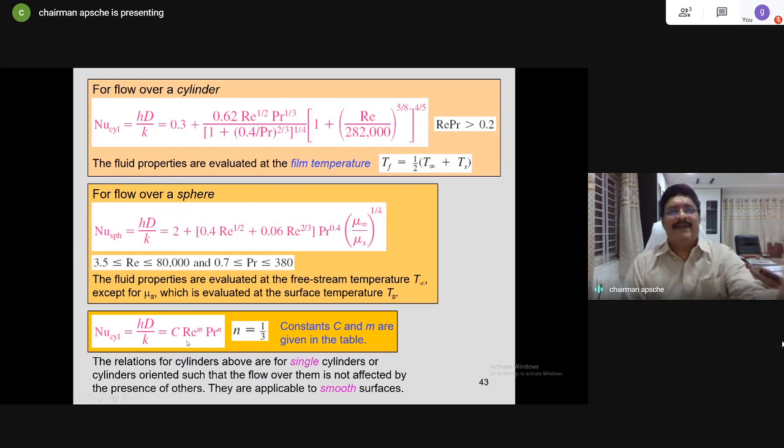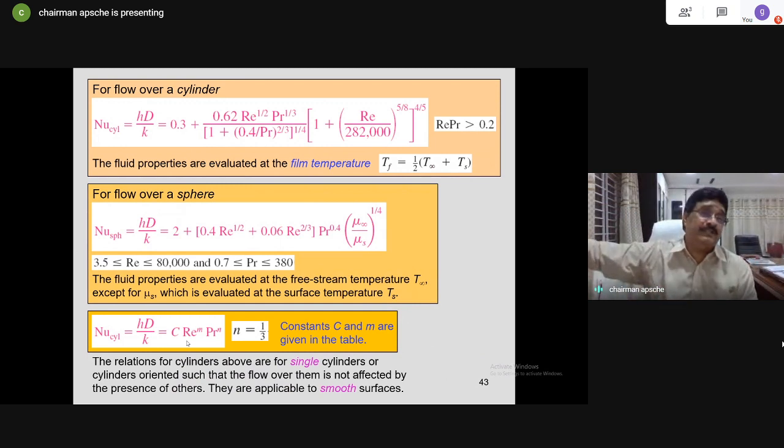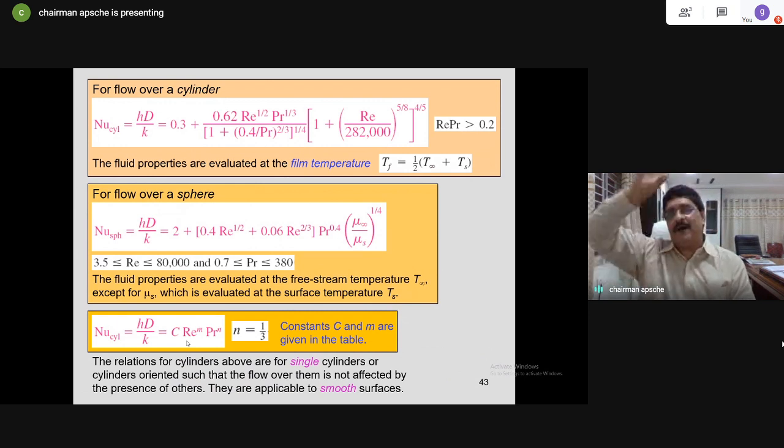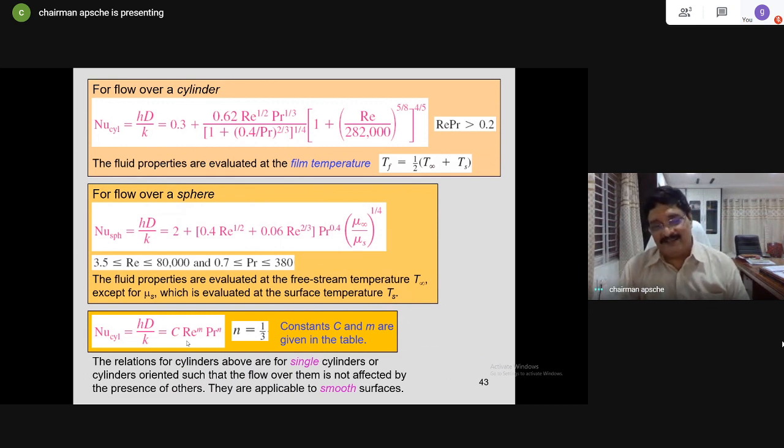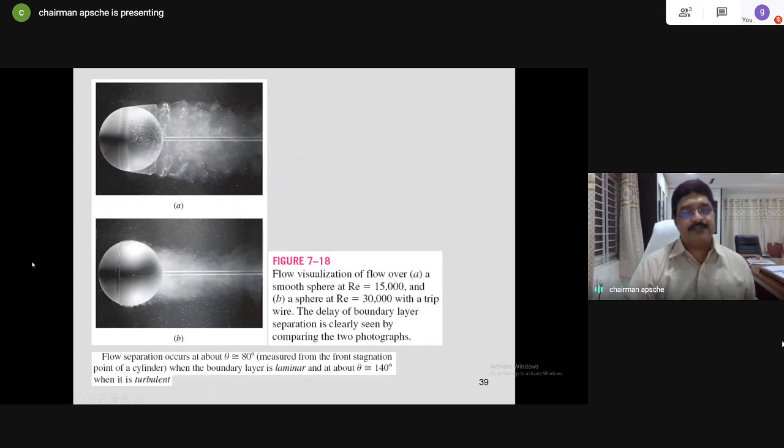Now, there is nothing new in this equation. Please remember, Nusselt is hd by k. But please remember, for a flat plate, it is the length along the fluid flow which is the characteristic dimension. For external flows over a cylinder and a sphere, the characteristic dimension is its diameter. Meaning, when such flows are happening, the diameter of the ball becomes its characteristic dimension.